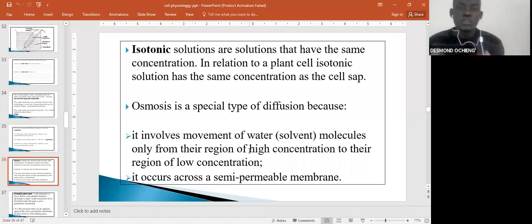So if you have two solutions which have got an equal concentration, then we say that they are isotonic solutions. So an isotonic solution is simply a solution which has got an equal concentration. Okay?